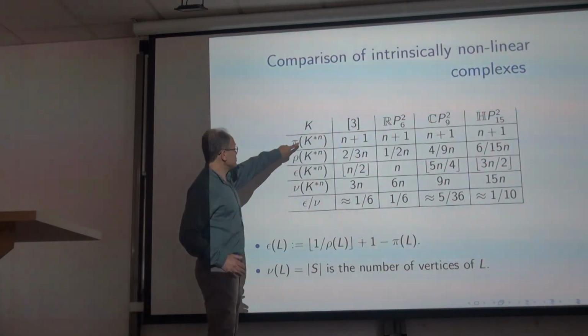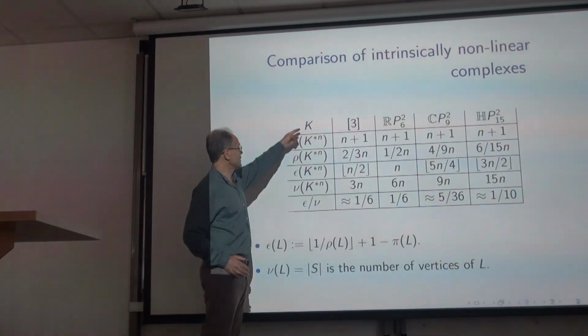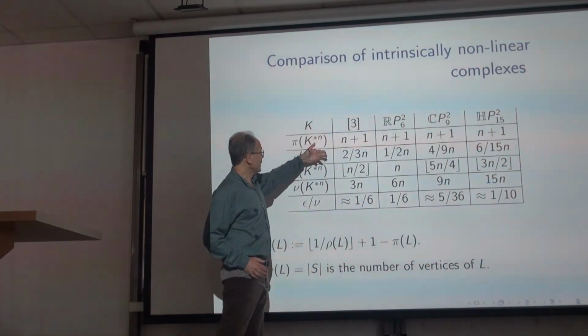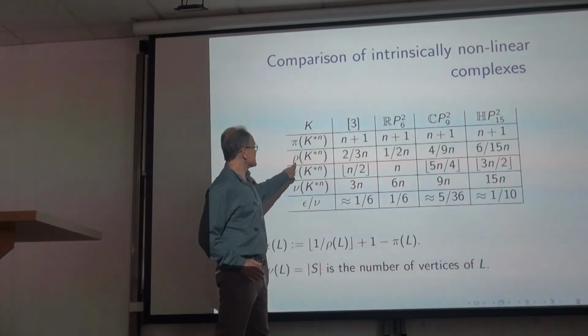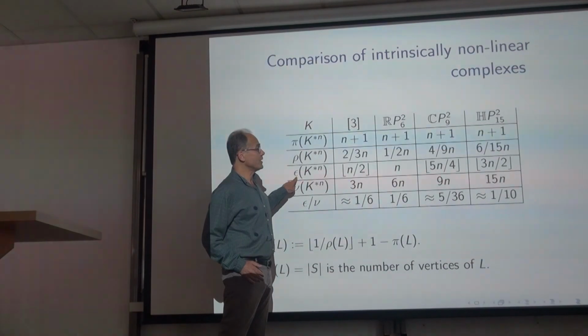We take joins. We can actually combine them, but here we only take one type and take the nth join. And then we compute the partition invariant, the same, and the threshold characteristics.